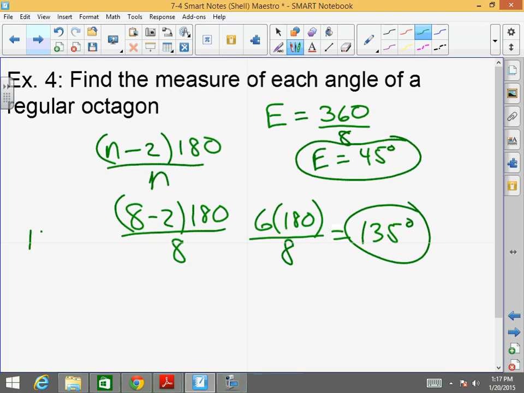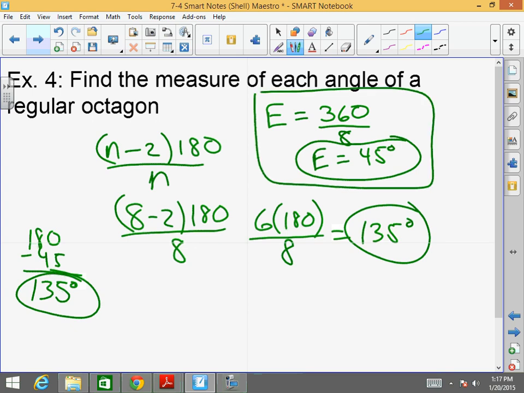So you could then go 180 minus 45, and that gives you your 135 interior angle measure. You with me here, guys? The question is, do you think I should do one or the other? It really depends on you. I think this is easier, but this is very useful as well. It's good to know both, so that way you're never stuck.